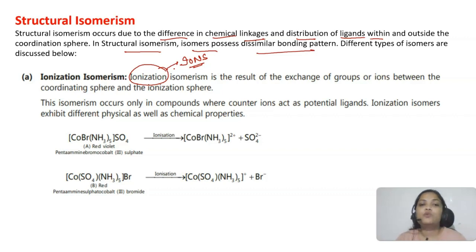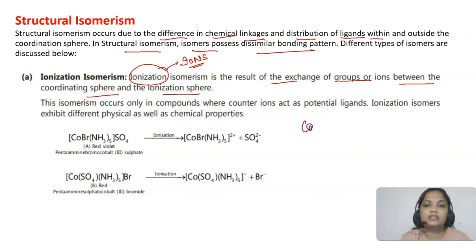So ionization isomerism is the result of exchange of groups or ions between the coordination sphere and the ionization sphere. This isomerism will occur in compounds where counter ions act as a potential ligand.